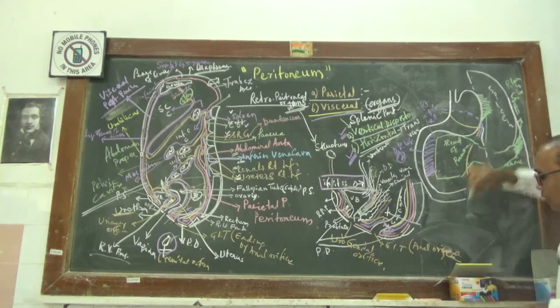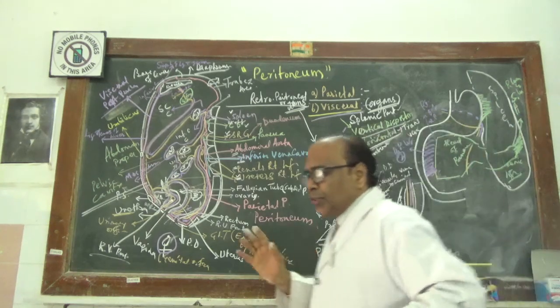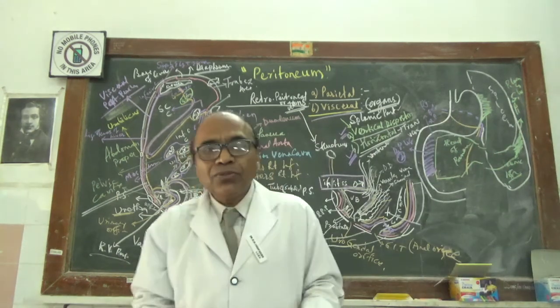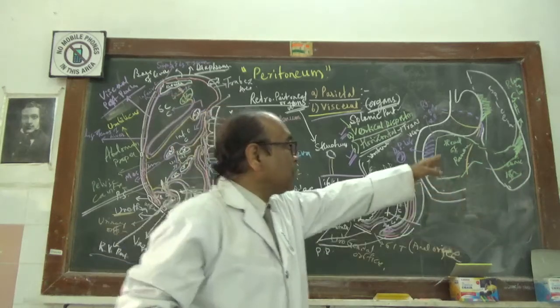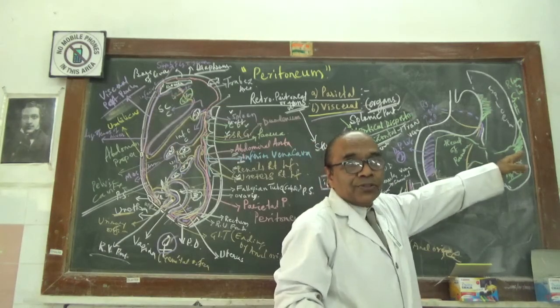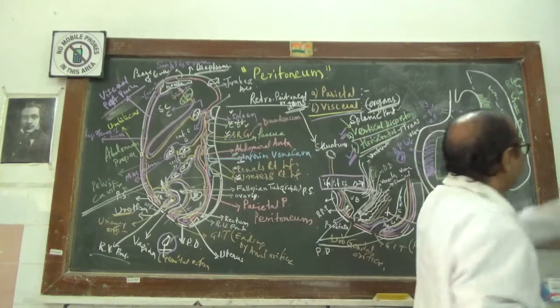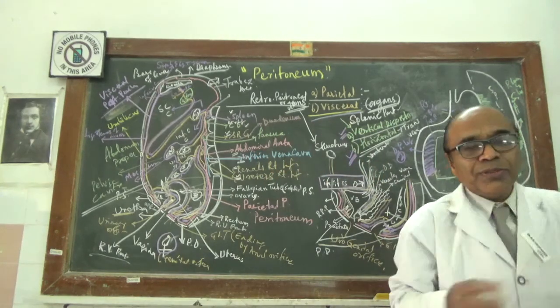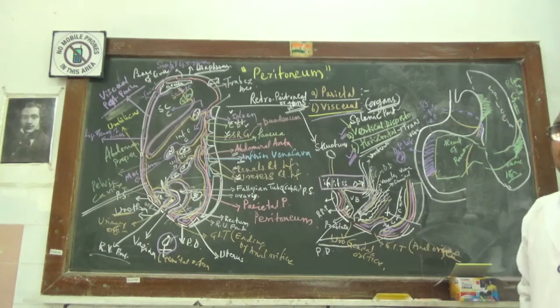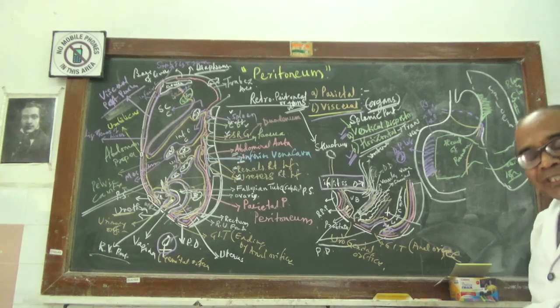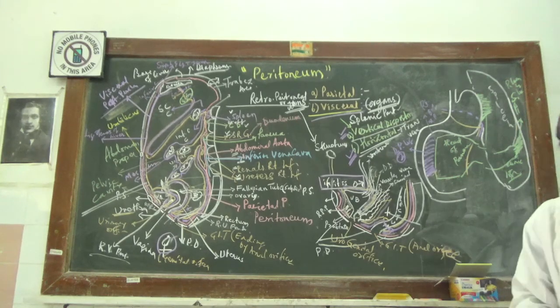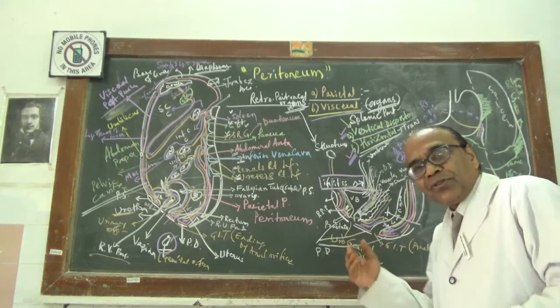So this is not straightaway attaching transversely to the visceral surface of the spleen. A little bit of obliquity is there very close to the hilum. Preferably it will come as vertical, but in some it has been mentioned as transverse.